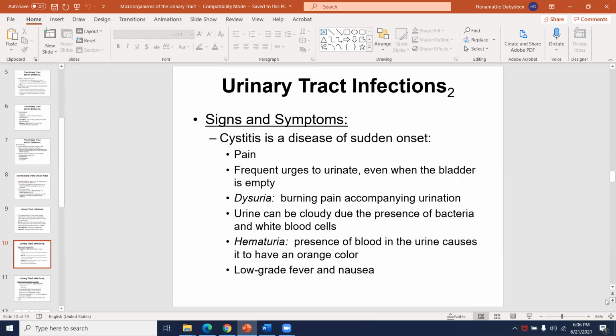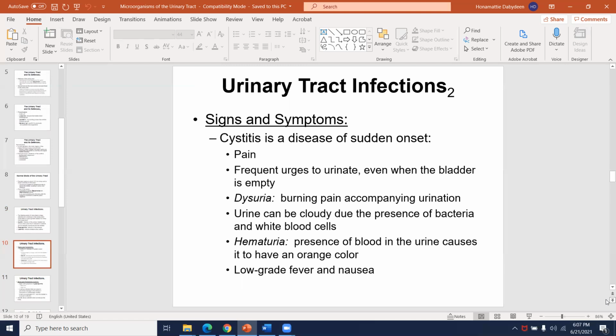Sometime in a female's lifetime, she will have a urinary tract infection. I don't know if I want to say that about males, but they do generally have urinary tract infections also. But in females, it's really very common. And if you haven't gotten one yet, it's not something you want to wait for, but expect it.